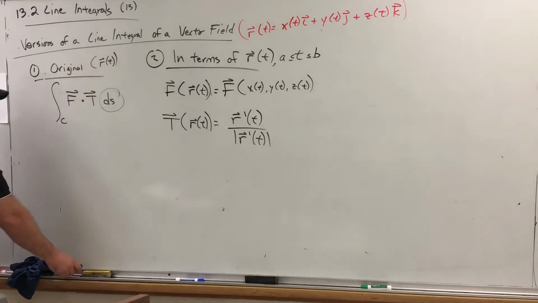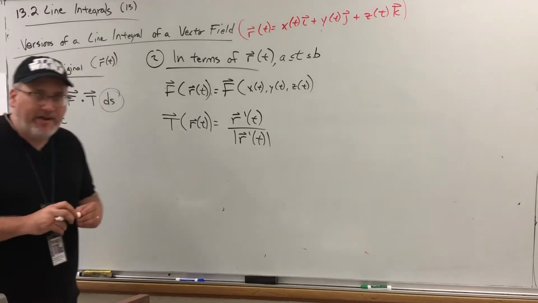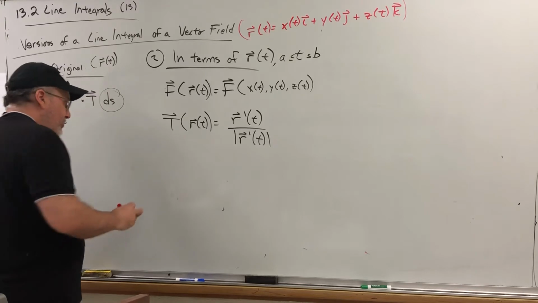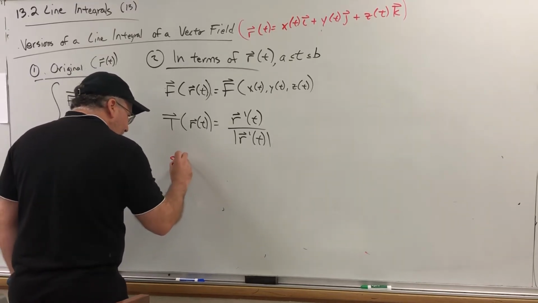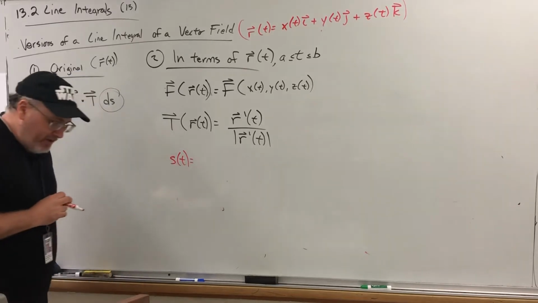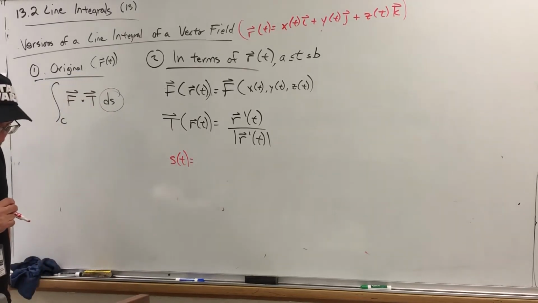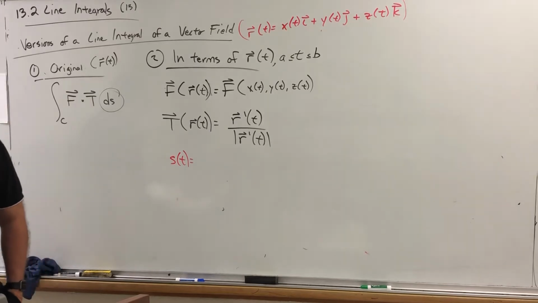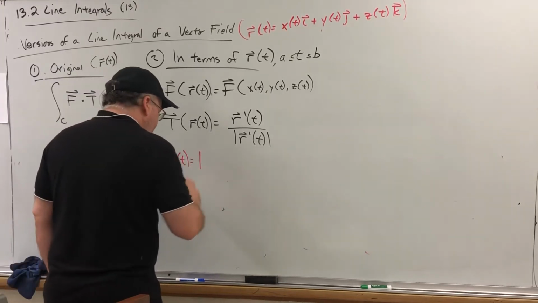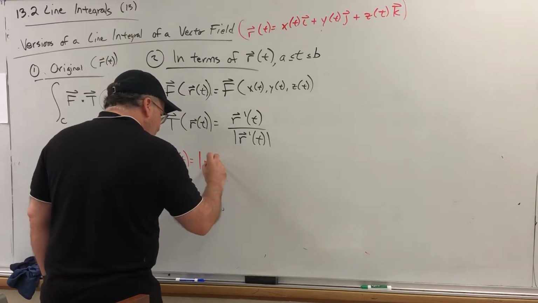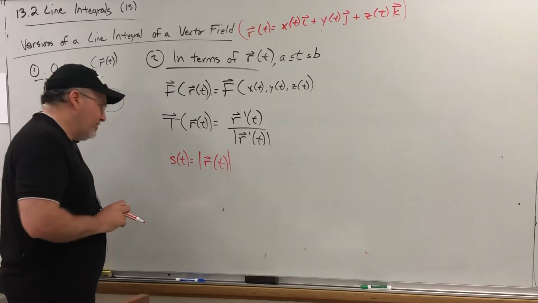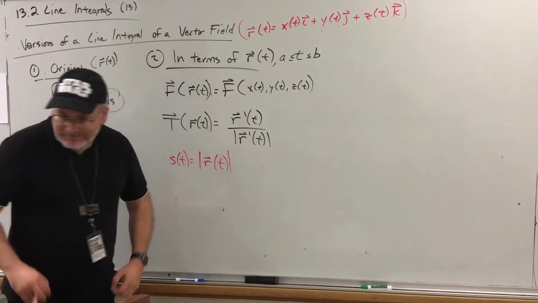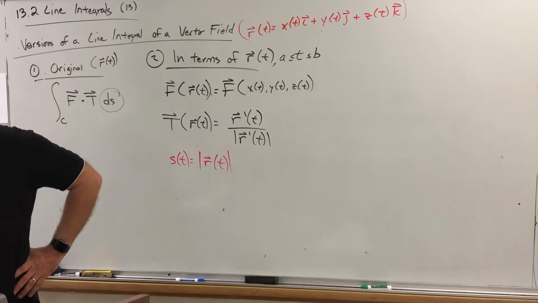Well, the trick to doing that is remembering how the arc length is defined in terms of vectors. Arc length is essentially the magnitude of the function. Make sure I'm setting this out correctly.